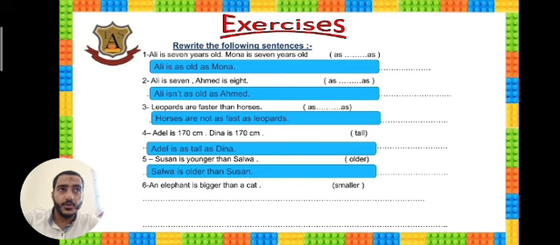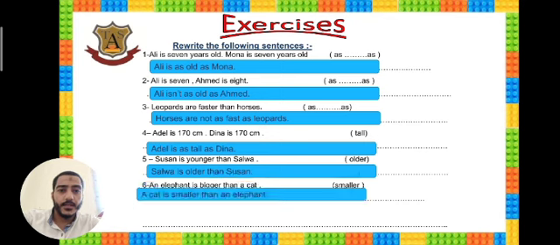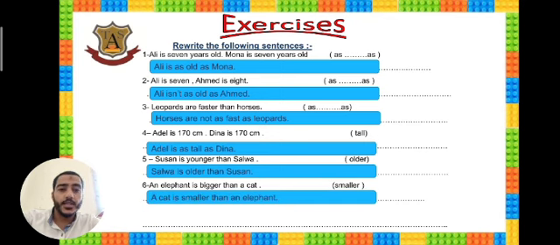We would start with the smaller one. A cat is smaller than an elephant. Okay? Again, a cat is smaller than an elephant. Okay, very good.